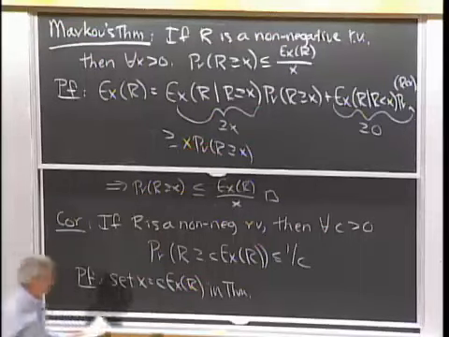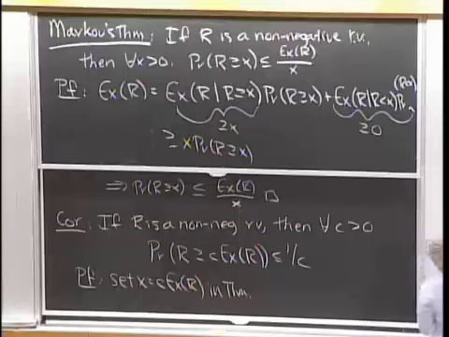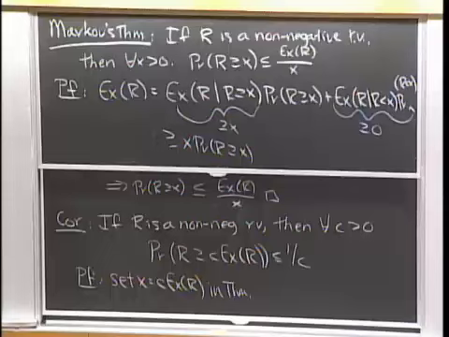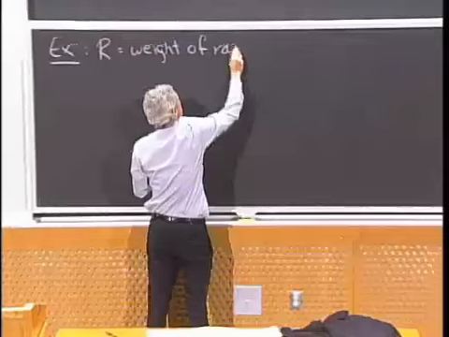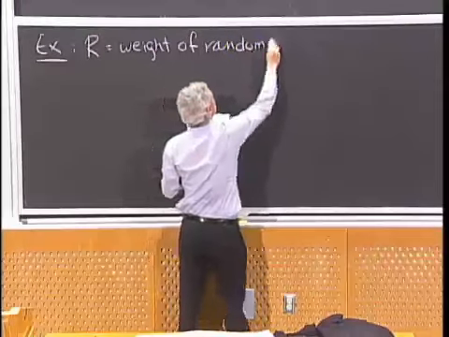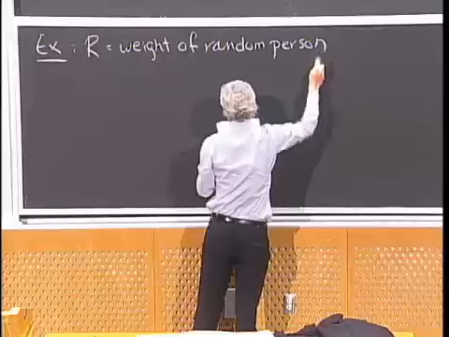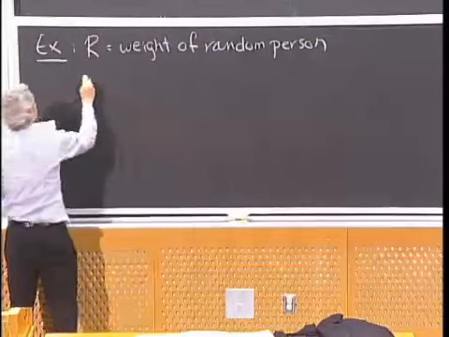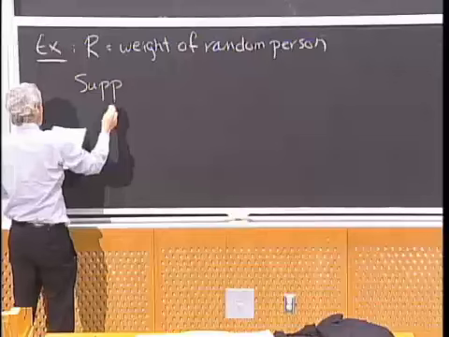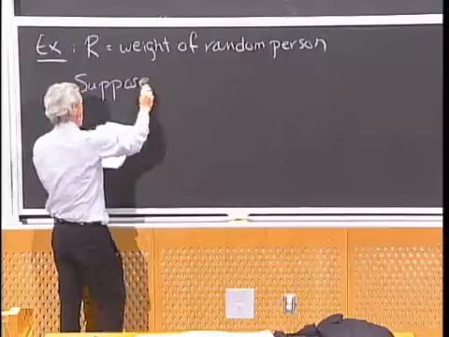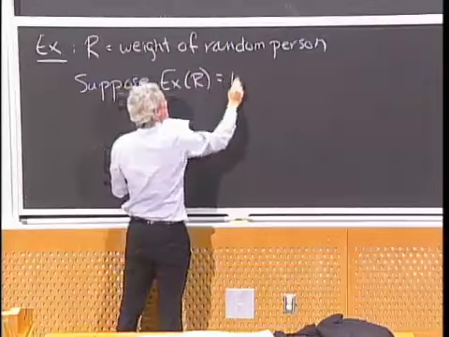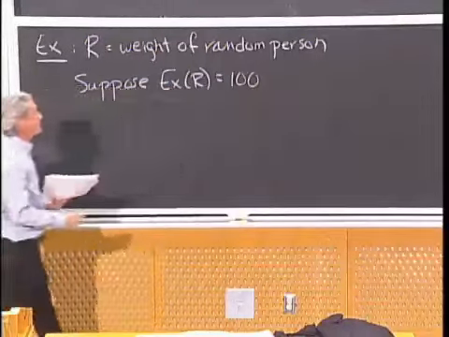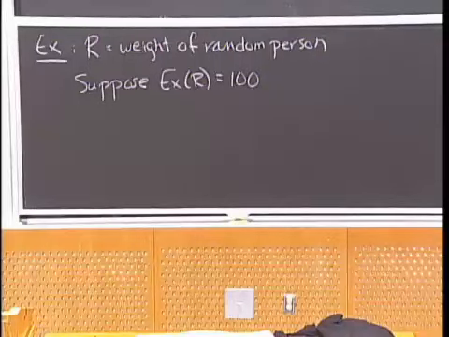All right, let's do some examples. Let's let R be the weight of a random person, uniformly selected. And suppose, I don't know what the distribution of weights is in the country, but suppose that the expected value of R, which is the average weight, is 100 pounds. All right, so that if I average over all people, their weight is 100 pounds.